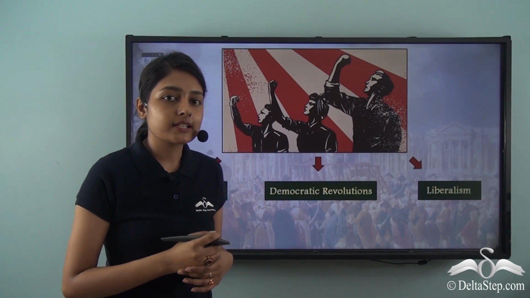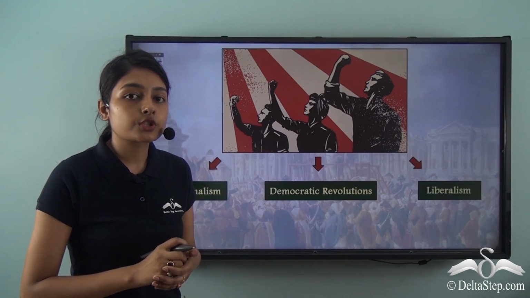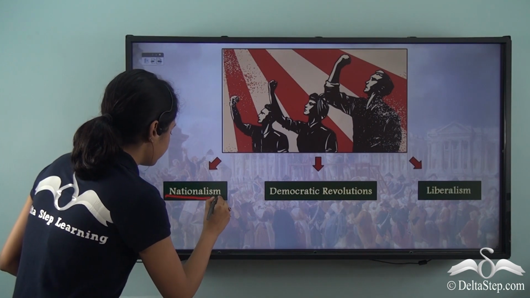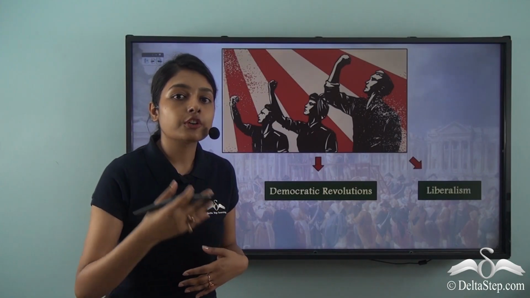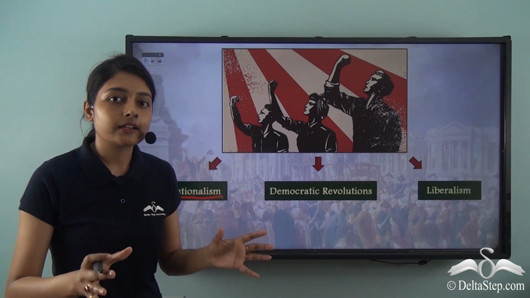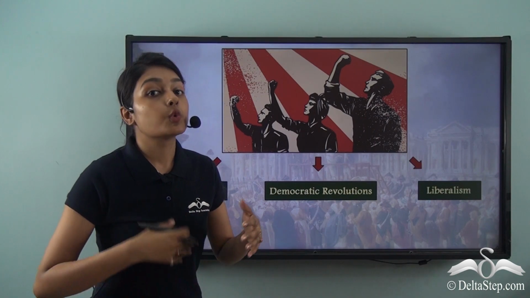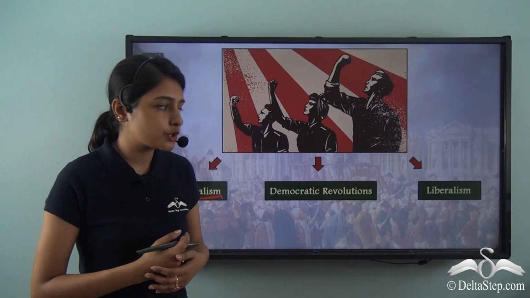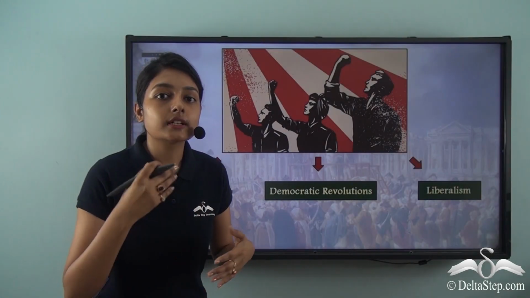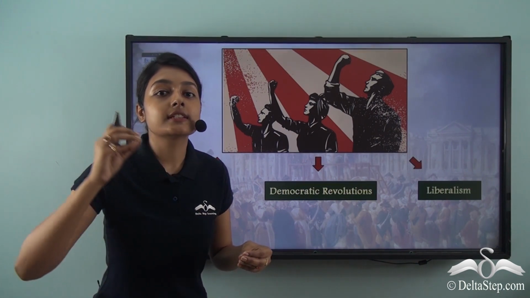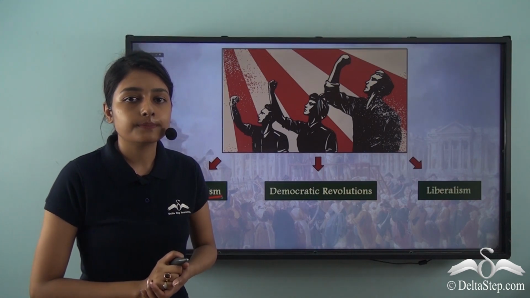As we have previously discussed, the French Revolution was a major political expression of nationalism. It is by virtue of nationalist sentiments that the French Revolution took place. But what were the outcomes of the French Revolution? This was a democratic revolution, which means that the power was at the disposal of the common people.